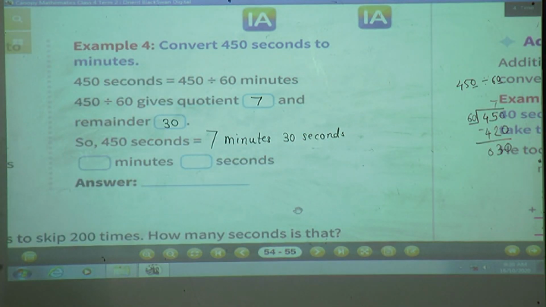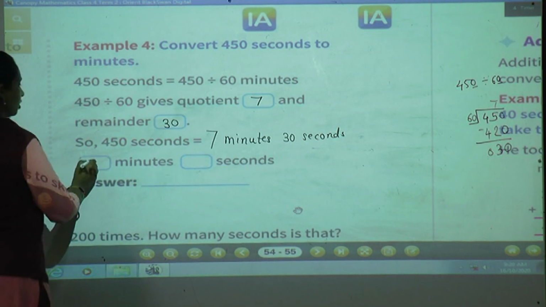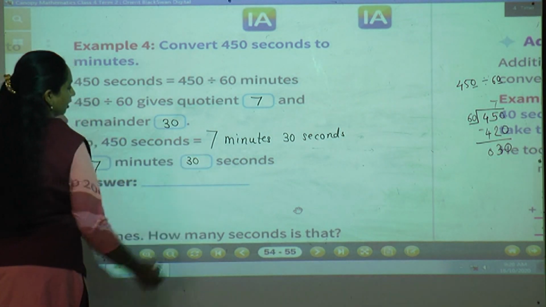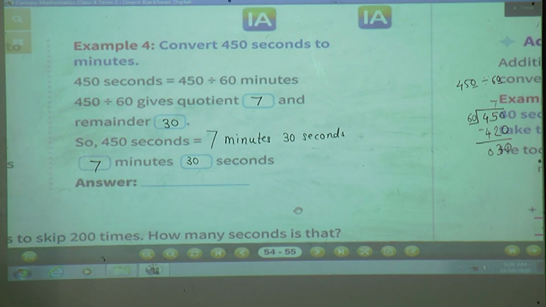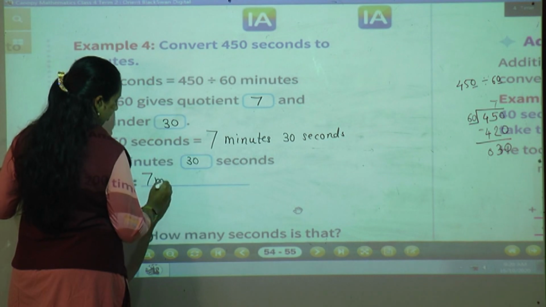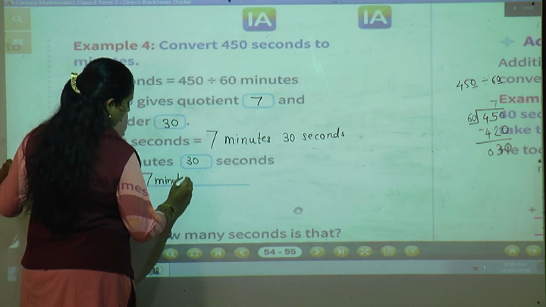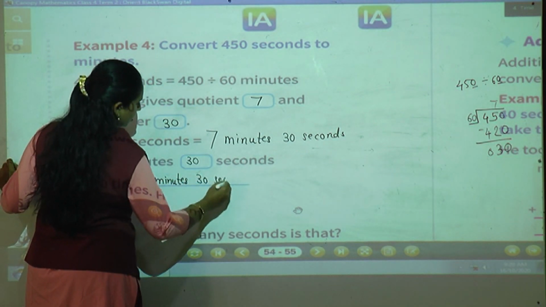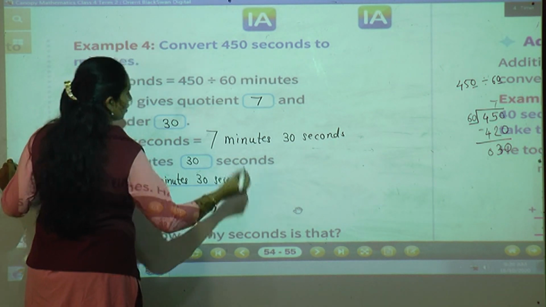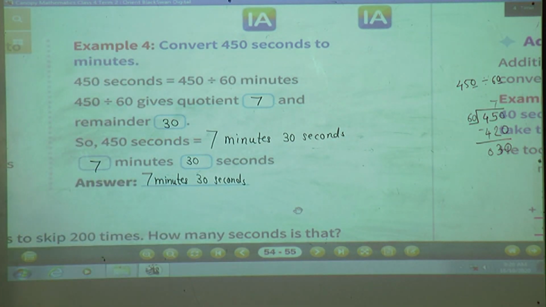So what is the final answer we have to write? Again the same, 7 minutes 30 seconds. So after this episode you will solve this question in the textbook itself on your own. Okay, clear? Yes. Now we will solve our exercise 4.4.